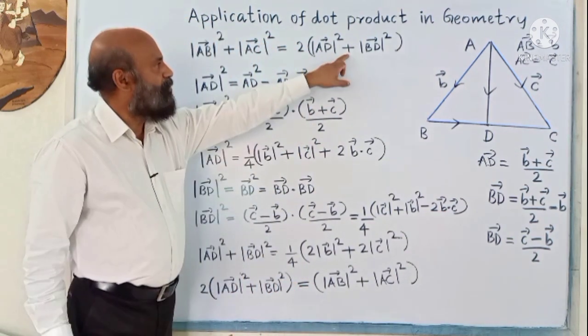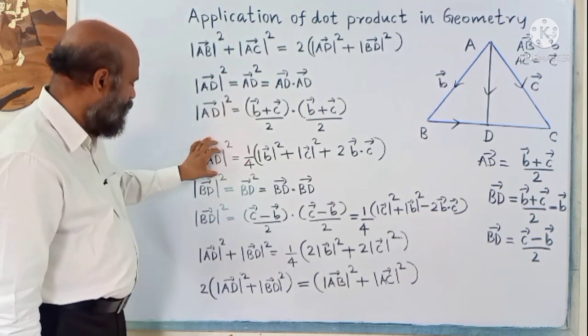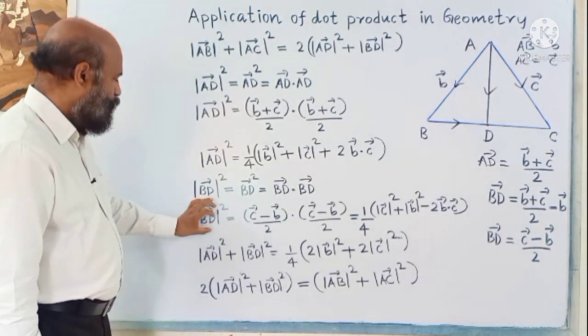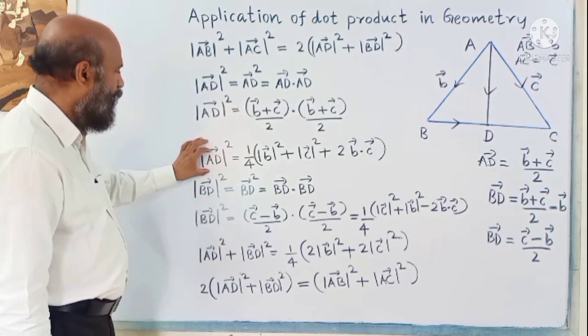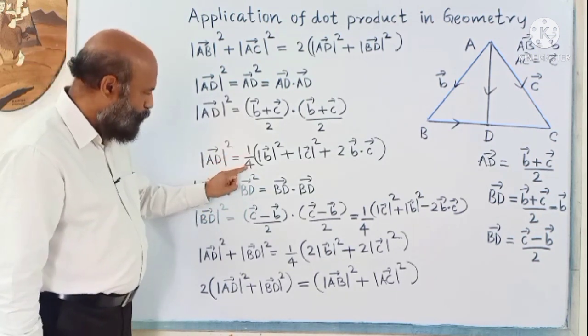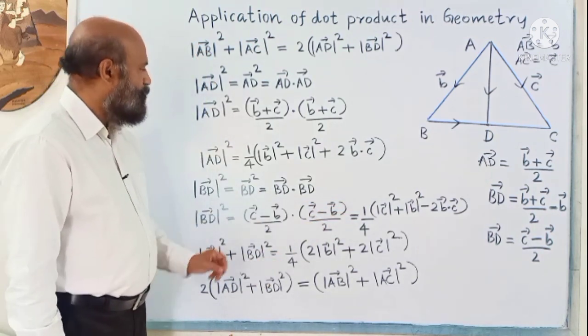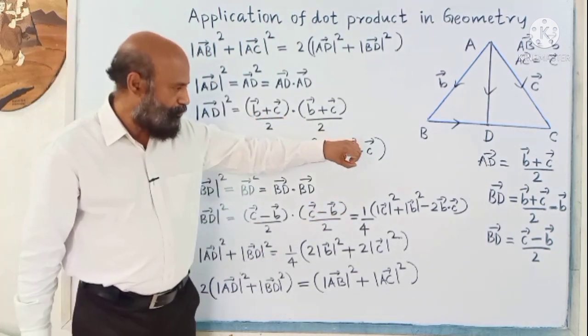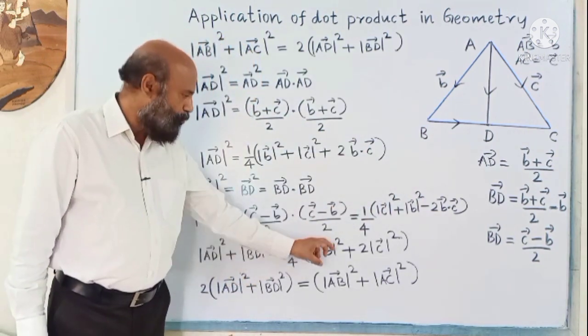Now we got separately modulus of AD vector square, then modulus of BD vector square. So add these two. When you add these two, 1 by 4 is common, so write it outside. Then here modulus of B square, again here modulus of B square, so 2 times modulus of B square.